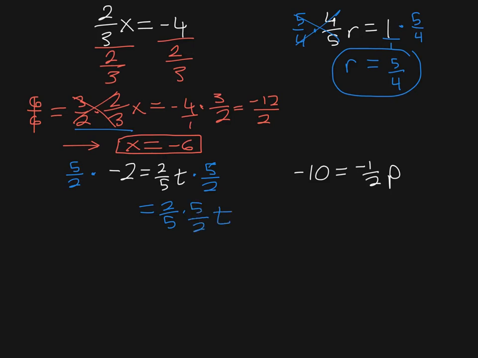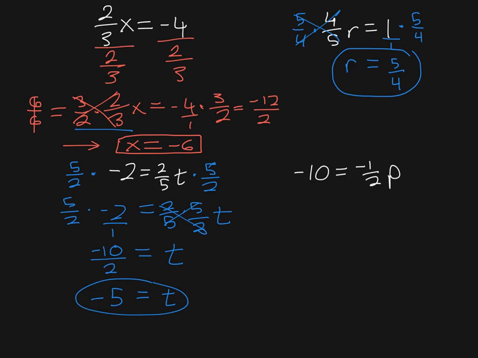We'll rearrange those. 2 times 5 is 10. 5 times 2 is 10. 10 over 10 is 1. We're left with t. And over here, we have 5 times negative 2 on the top. That's negative 10. 2 times 1 is 2. Negative 10 over 2. And I know I can simplify that. Negative 10 divided by 2 is negative 5.